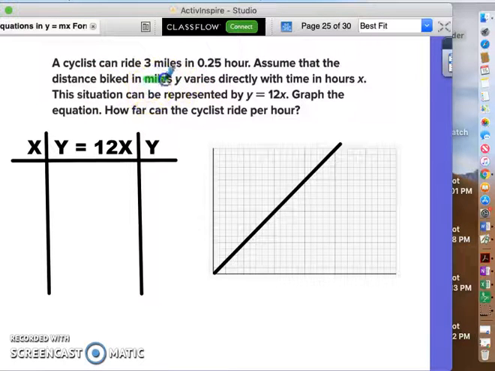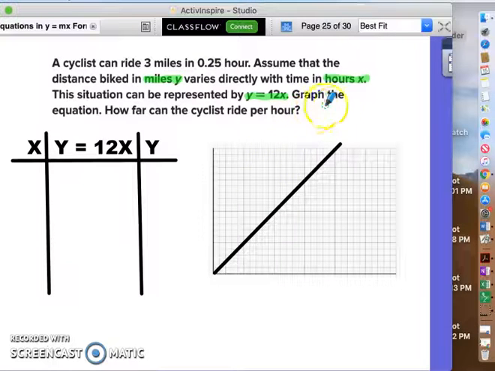It gives you that miles is our y, and it says varies directly with the time in hours, and it tells us that our x is going to represent our hours. So here we do know that it will go through 0, 0 because it says it varies directly. The situation can be represented by y equals 12x. If we would have taken this and done 3 divided by 0.25, we should have gotten 12.